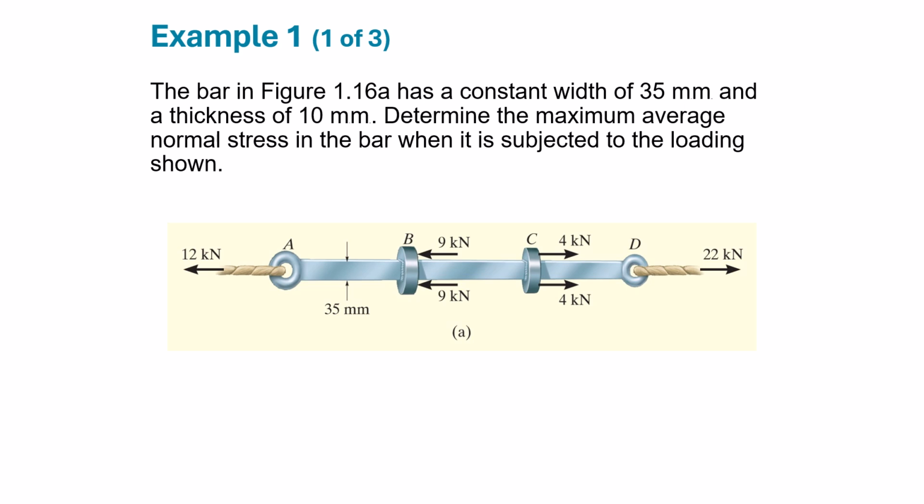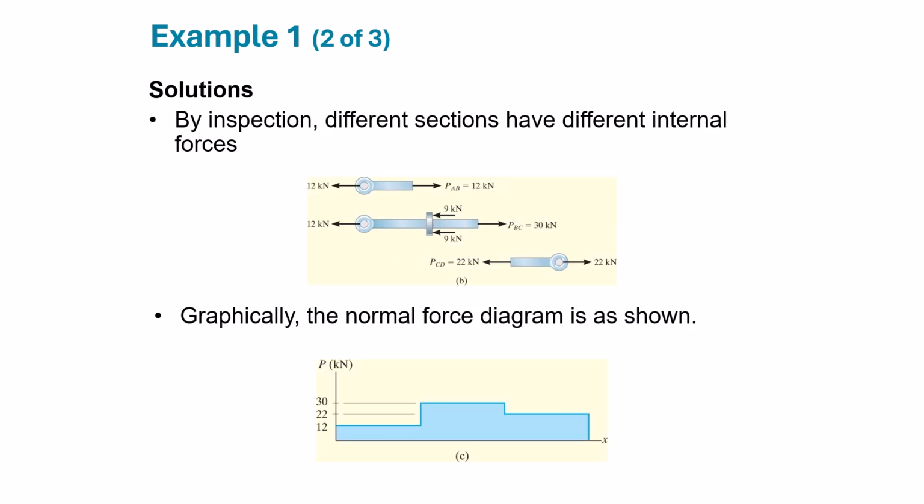At point D, we have a tension force of 22 kilonewton. At points B and C we have a couple of forces. At point B it will be 9 kilonewton, and at point C we have 4 kilonewton. So the width is 35 millimeters.